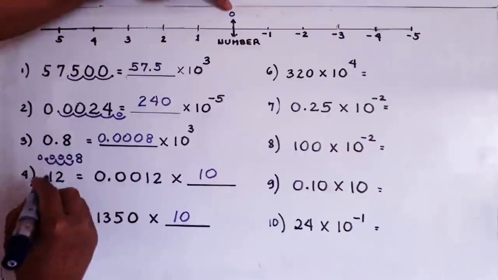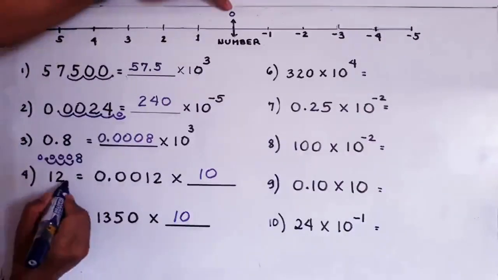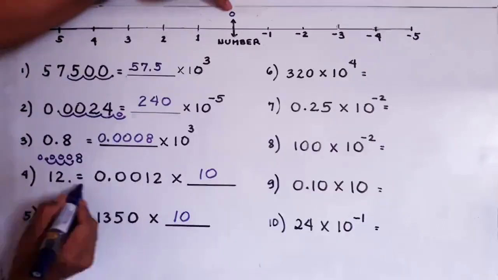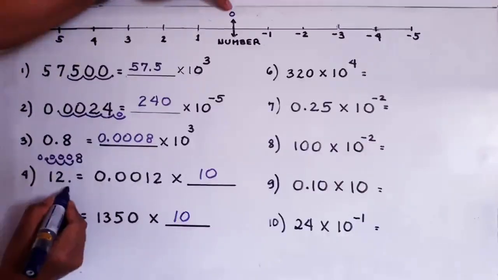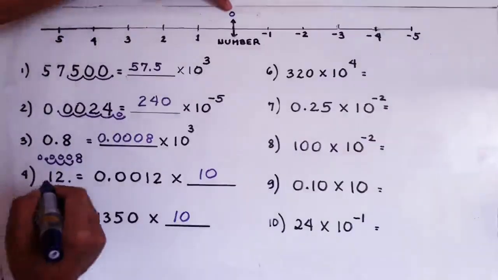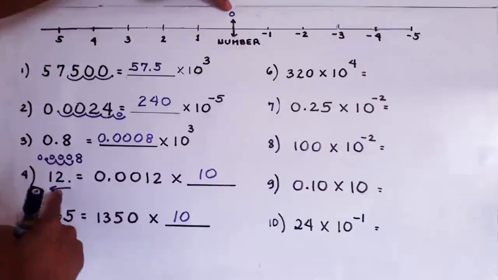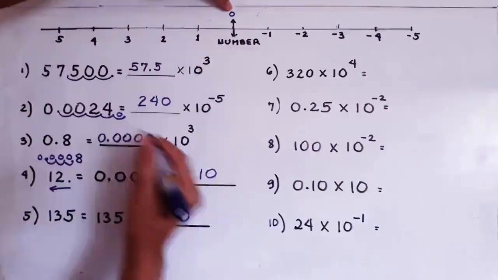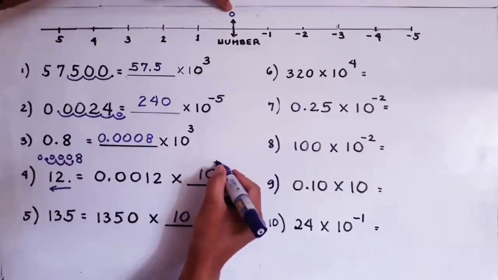The decimal point of the 12 is here. Then suddenly here, the decimal point is here. So the decimal point moves to the left here. So when the decimal point of this one moves to the left, what will be the sign of the exponent? It will be positive.